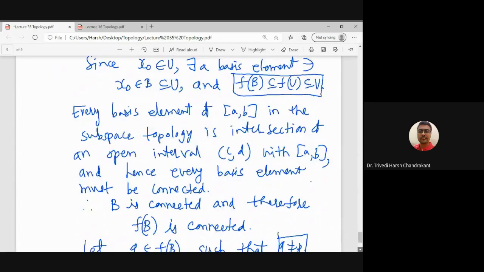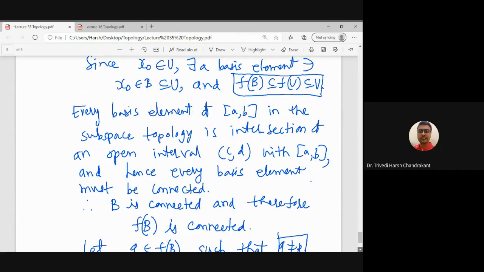And on the other hand, we know that every basis element of the closed interval AB, in the subspace topology as a subset of R, is the intersection of an open interval CD with the closed interval AB, right? This is for the basic open set.